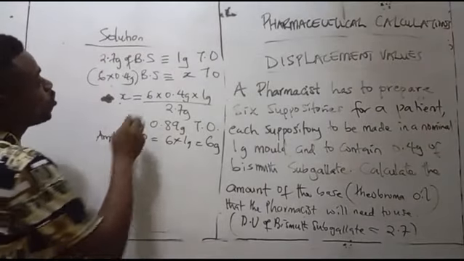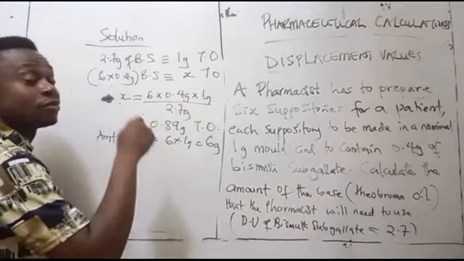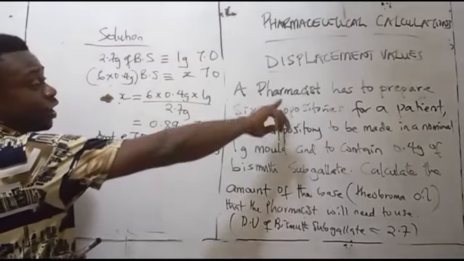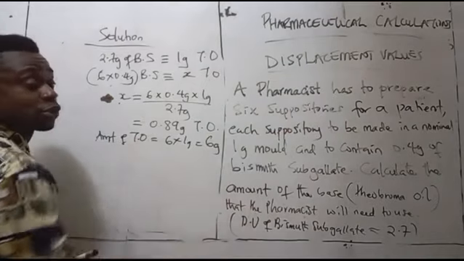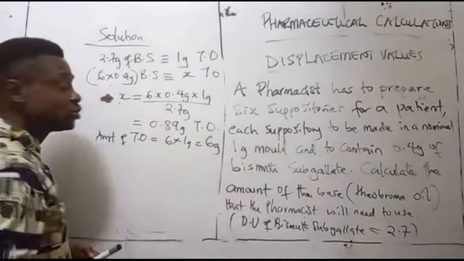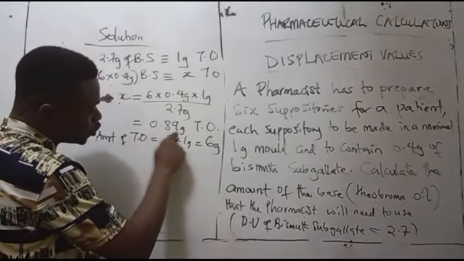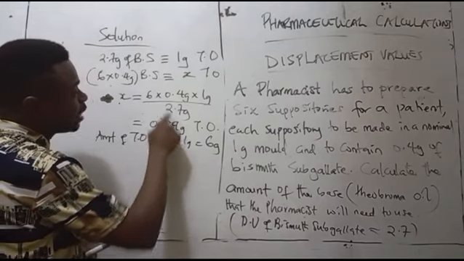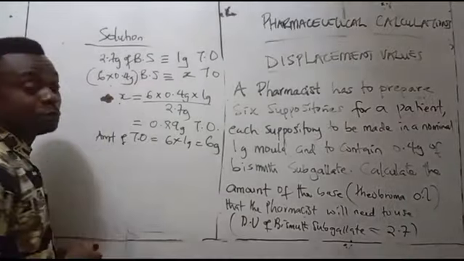If you just go and incorporate 2.4 gram of bismuth subgallate in this 6 gram, it will overshoot. So the best thing to do is to subtract the amount of theobromine oil that will be displaced by 2.4 gram of bismuth subgallate.